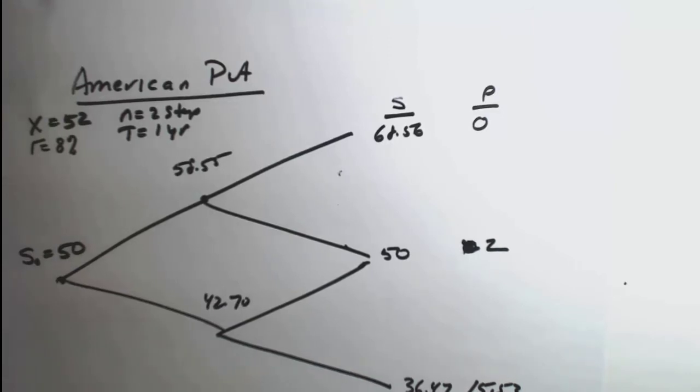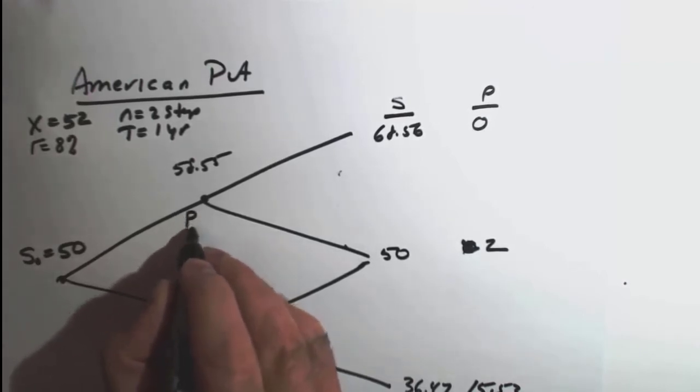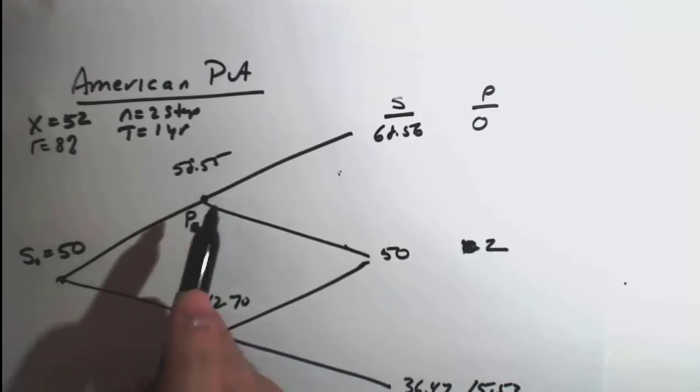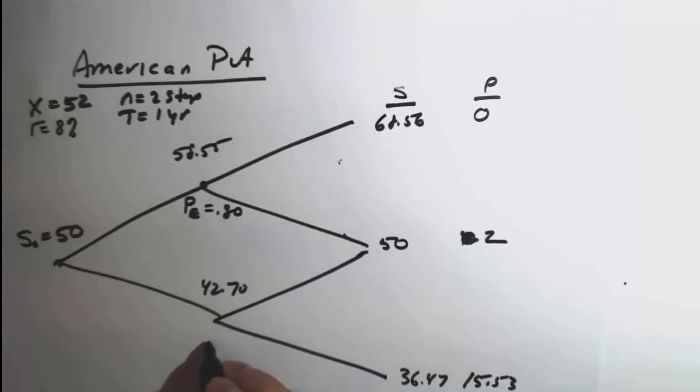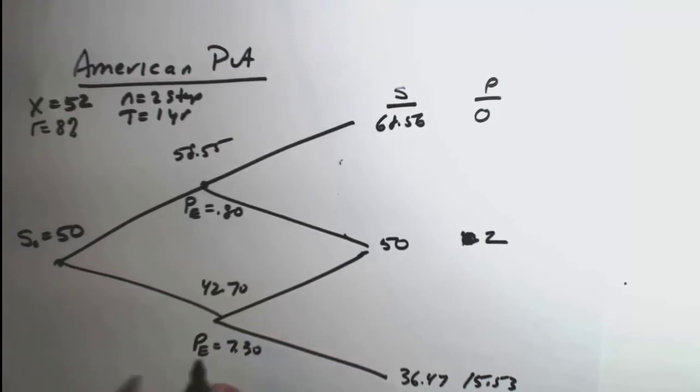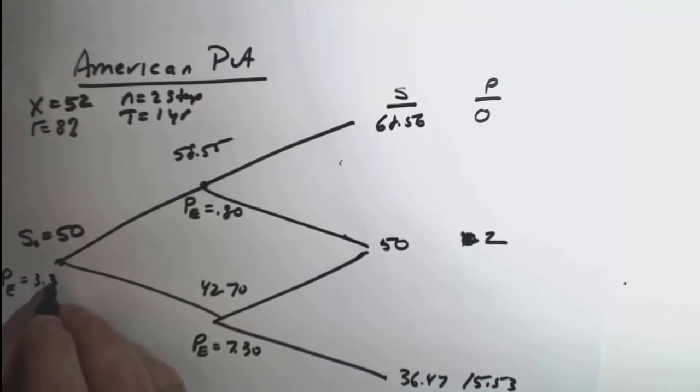So let's put in the European values here, and I'll put in PE up here. So this is the upside, which was 80 cents. And the put down here that we had calculated for the European was 7.30. And the put for the European at time 0 we determined to be 3.35.